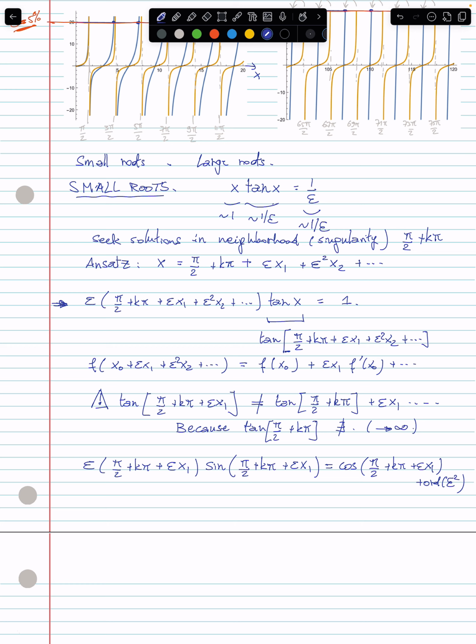All right. So what can we do next? We can just derive approximate solutions for this. All right, so this is the sine of a sum.